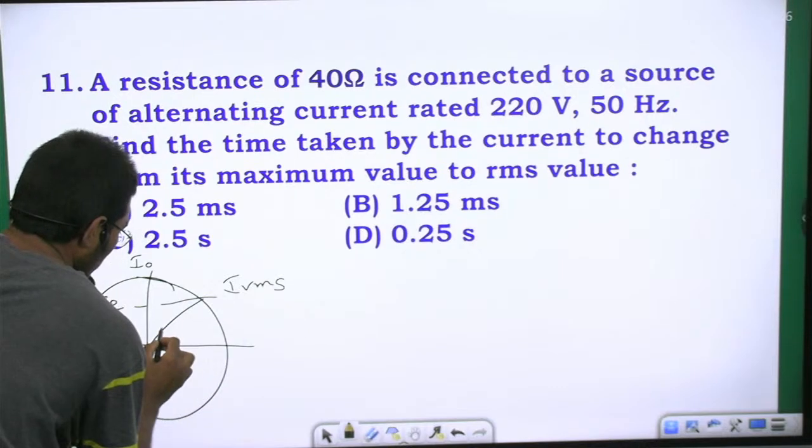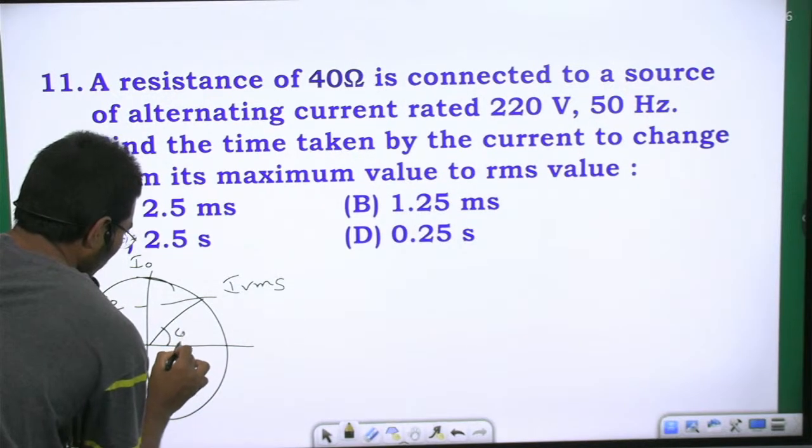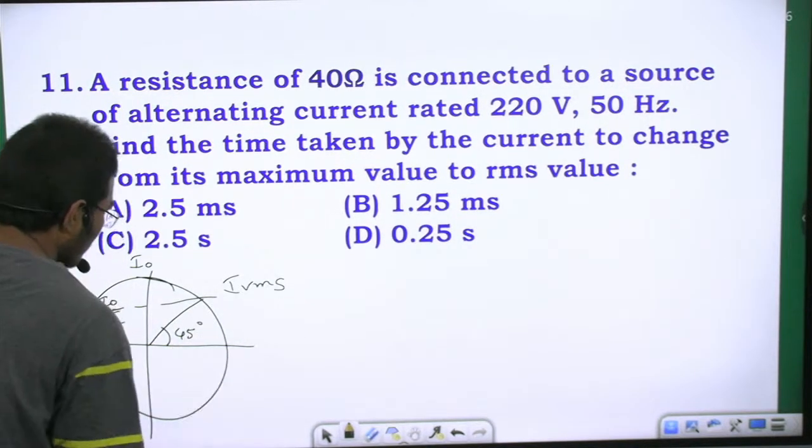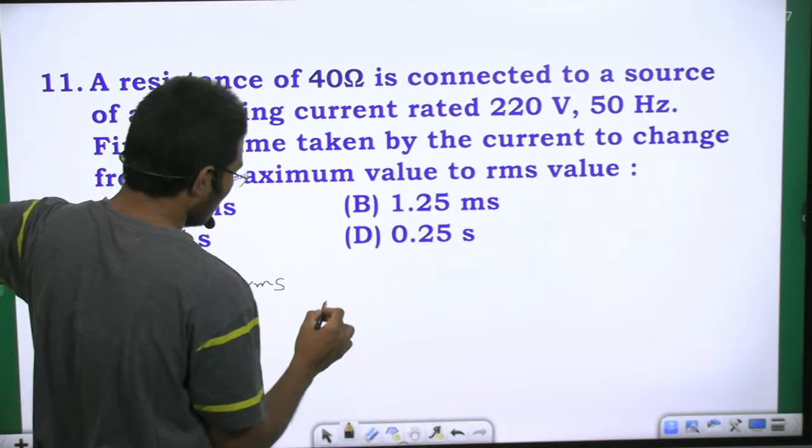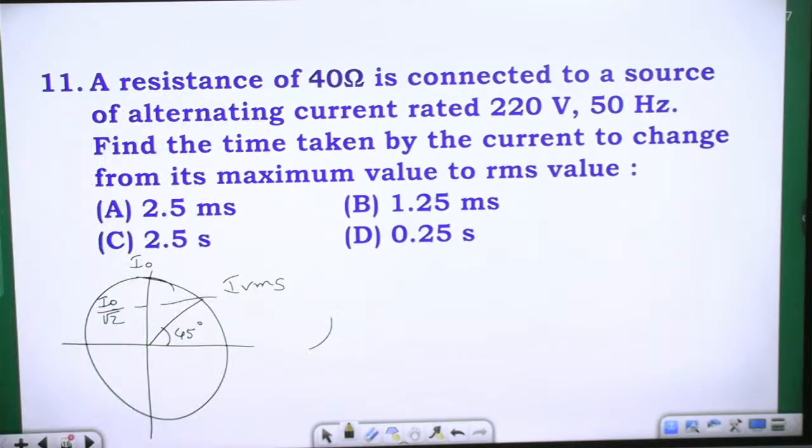So it makes an angle of 45, okay? Right? So the question is the time taken by the current to change from its maximum value to RMS. Nothing but the time taken to cover this 45 degrees if you try to represent in the form of circle.